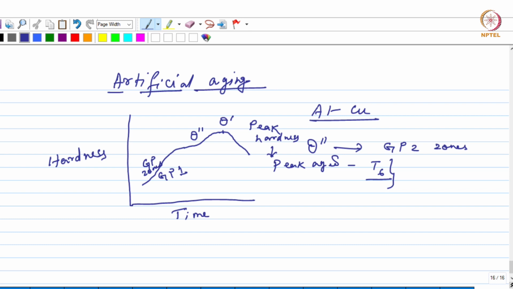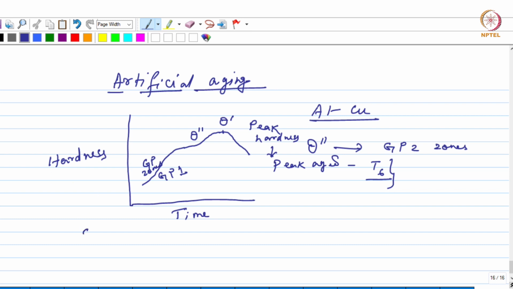So in a particular alloy, the precipitation occurs in a particular sequence, as you could see from here for the aluminium copper system. Okay. So now if I want to write it as a sequence of events, then we can write in this manner.